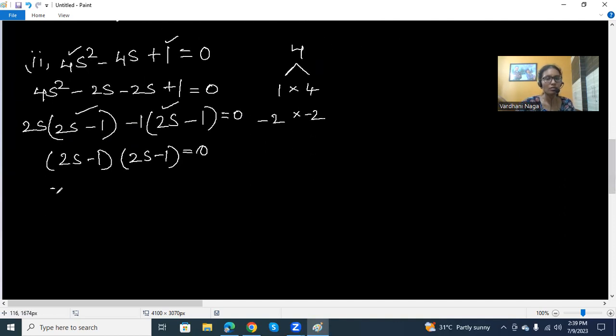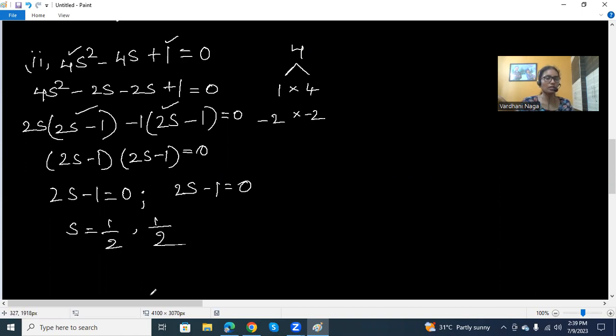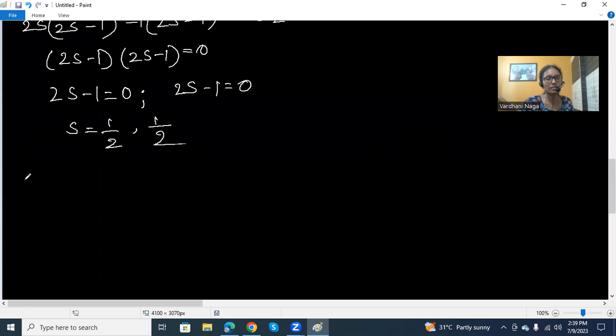Now 2s minus 1 equal to 0, so s is equal to 1 by 2. Here also the same, s is equal to 1 by 2. So these are the zeros of the polynomial. We need to verify the relation.